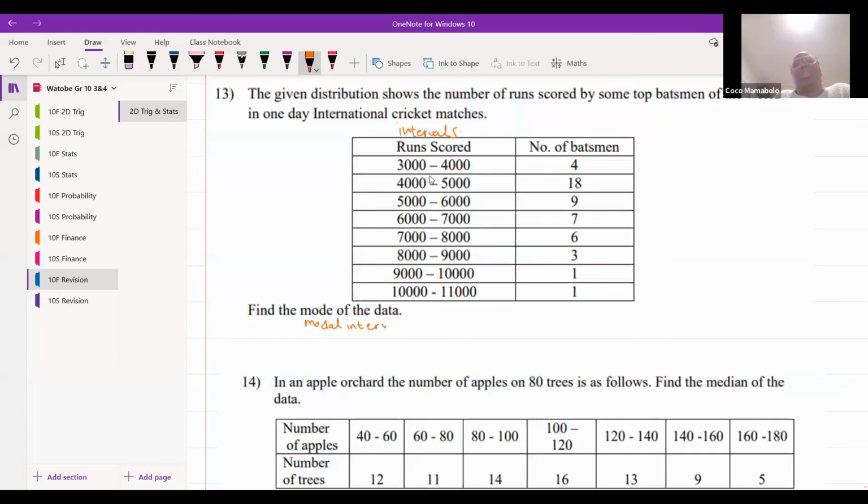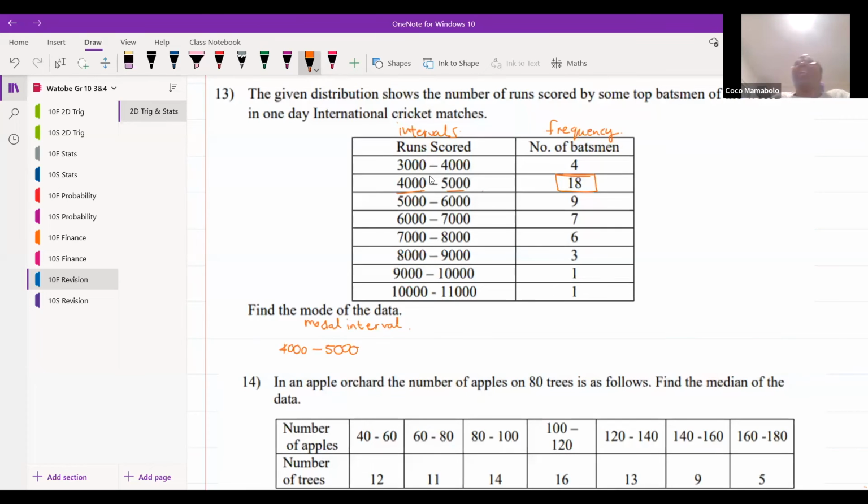We look in the frequency part for the interval that has the highest frequency, and in this case, that would be that one. 18 batsmen managed to get between 4,000 to 5,000 runs. So the modal interval is 4,000 to 5,000.